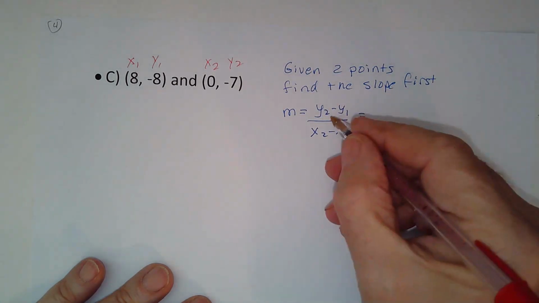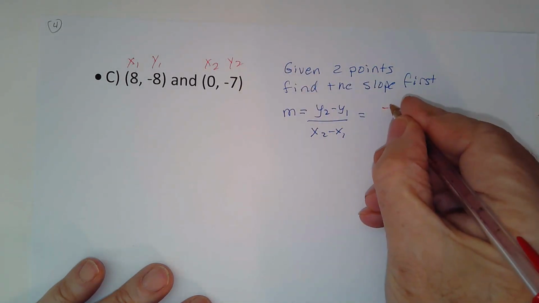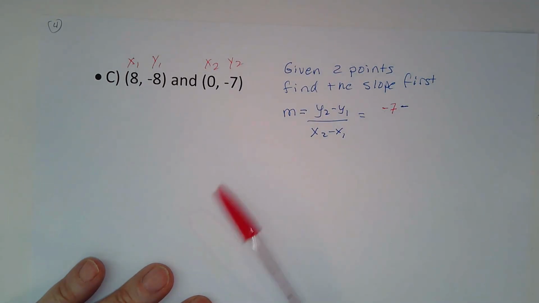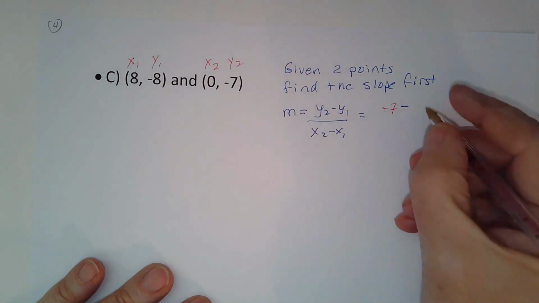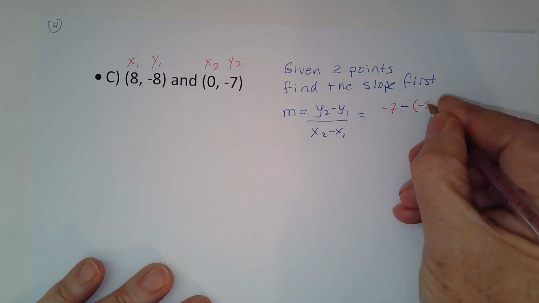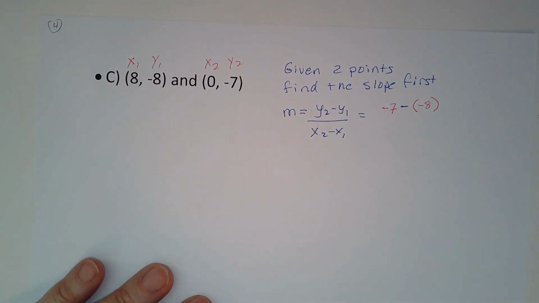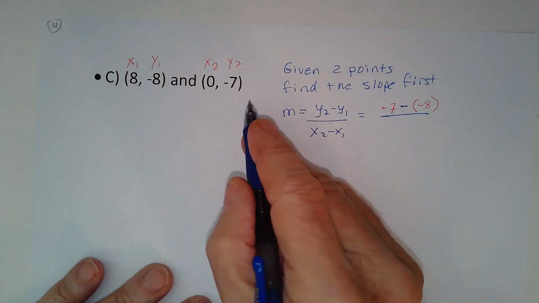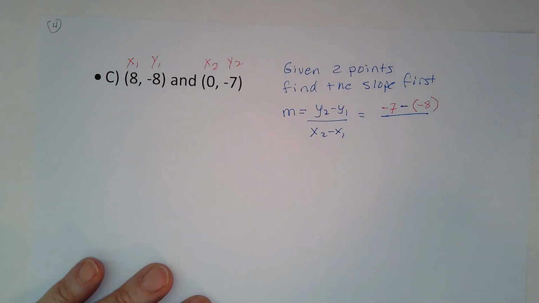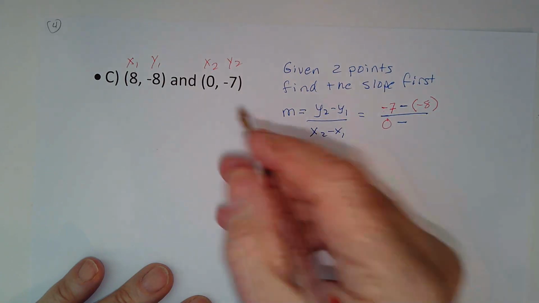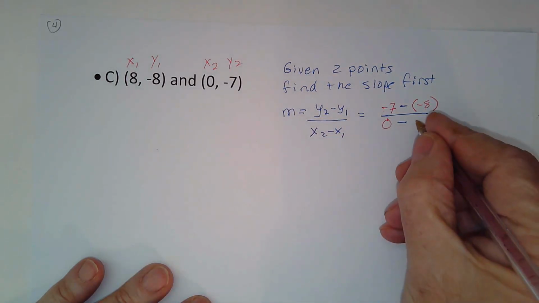So let's see, y2 is -7, so I'm going to write -7 here, minus, and my y1 is -8. Now I'm going to put that in parentheses because I've got this negative sign here, that's part of the formula. So I've got -7 minus -8, and I'm going to divide that by my x2 coordinate. My x2 coordinate is 0, minus my x1 coordinate, and my x1 coordinate is 8.